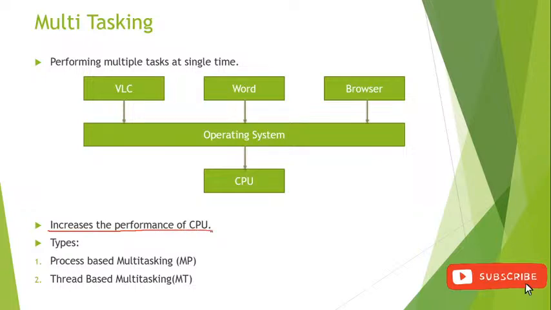We can achieve multitasking in two ways, or it has two types: process based multitasking and thread based multitasking. Process based multitasking is multi-processing, and thread based multitasking is also called multi-threading.